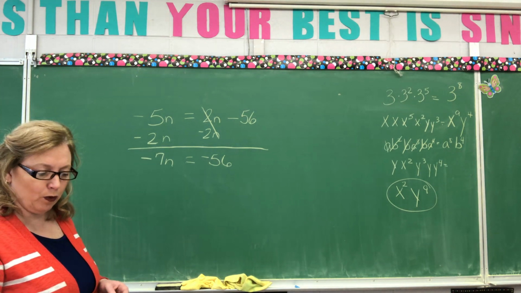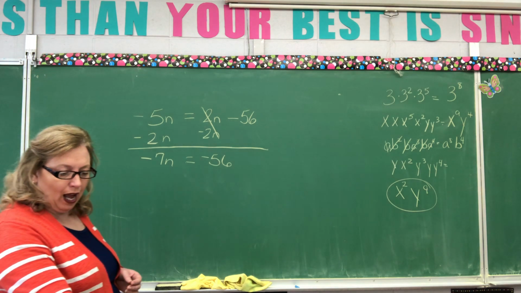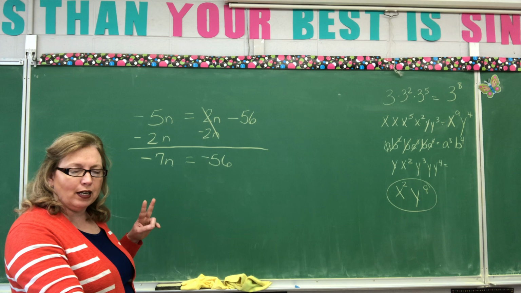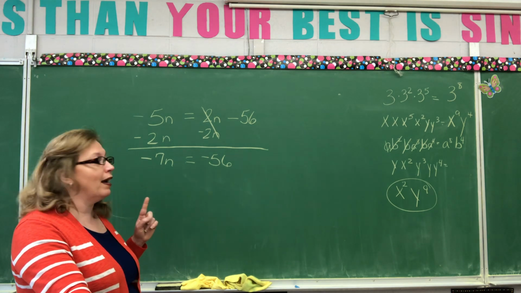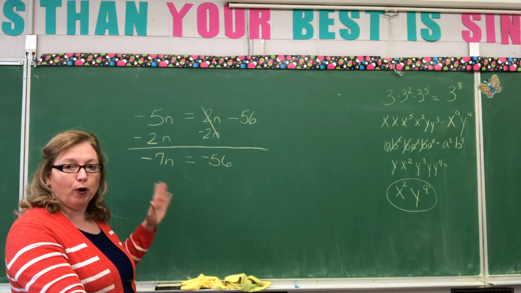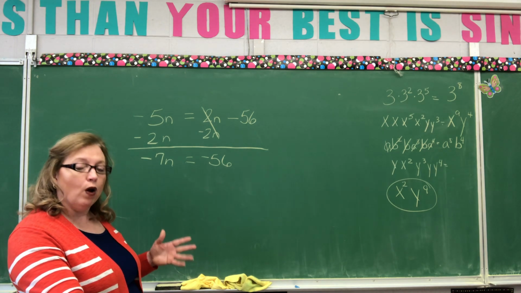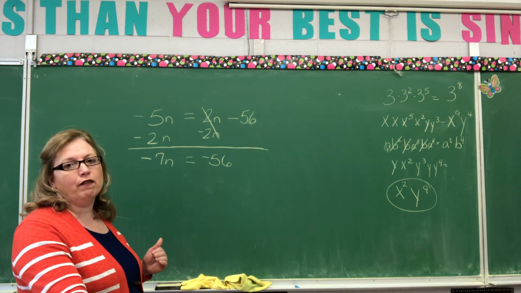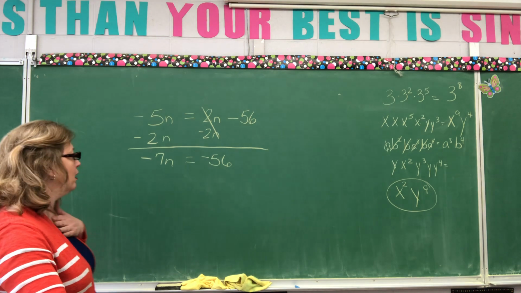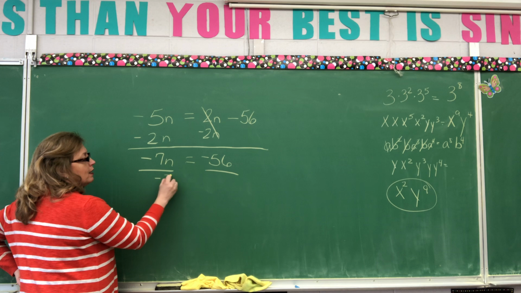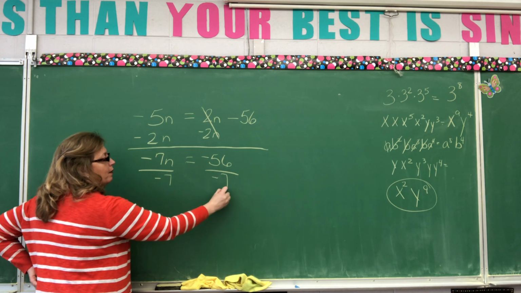Now what do we do? We're going to simply do the opposite of what our equation says. We have 2 options here. I can multiply by a negative 1 on both sides to make both sides positive, or I can divide with a negative number. I'm okay dividing with a negative number, so I'm simply going to write my division sign, divide by negative 7.